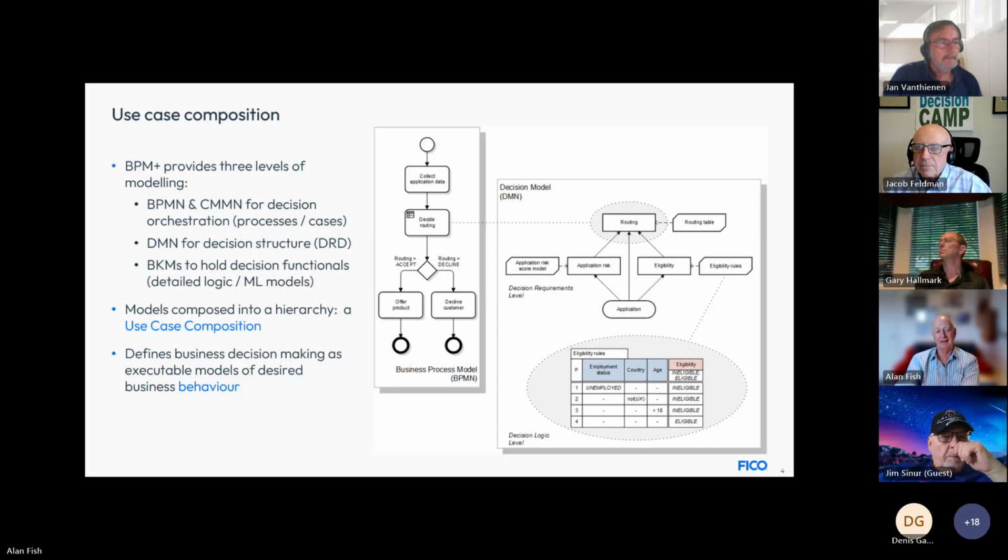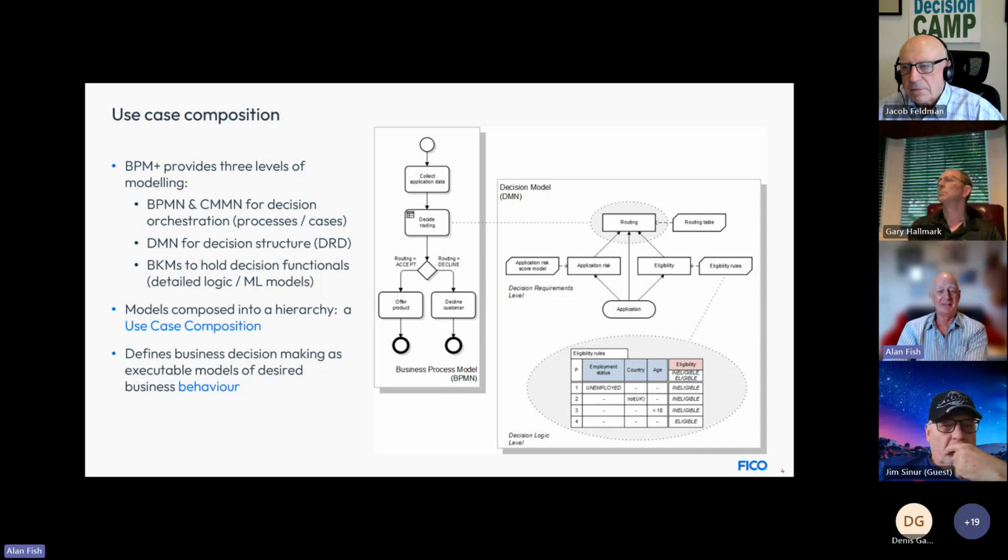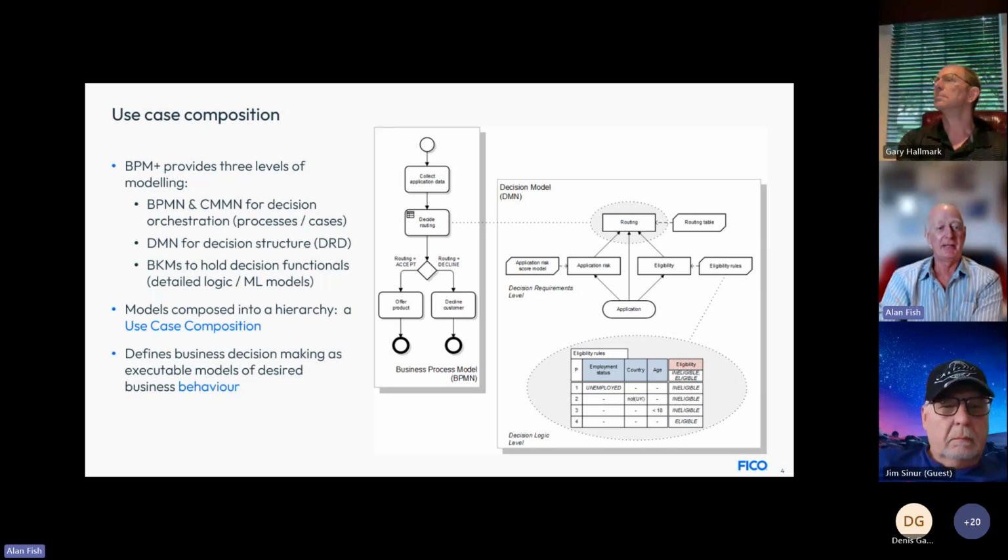So I think a lot of us will have seen this diagram before. It's in the introduction to the DMN standard. I drew it, and I wish I had $1 for every time I've seen it reproduced in other places. But it shows the 3 levels of modeling which are commonly used in BPM Plus and actually in other ways of modeling as well.